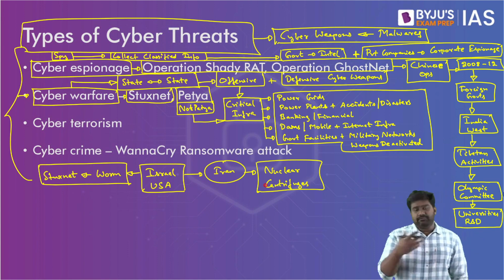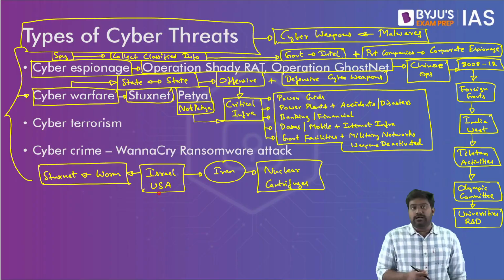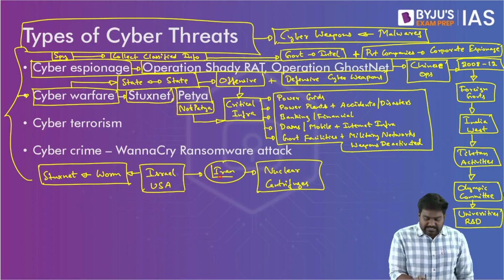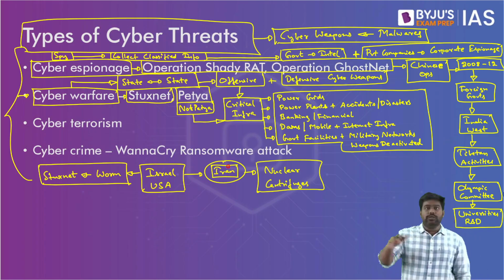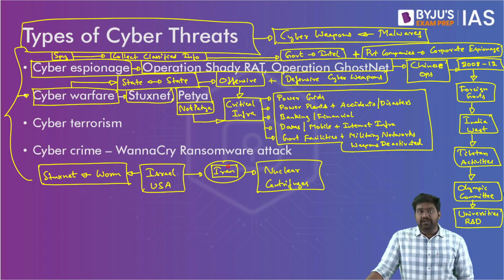Because see, US and Israel have constantly targeted the Iranian nuclear program for many years. Their intelligence agencies, the CIA and the Mossad, have assassinated several Iranian scientists to slow down the nuclear program. Right? Along with that, they waged a cyber war as well.